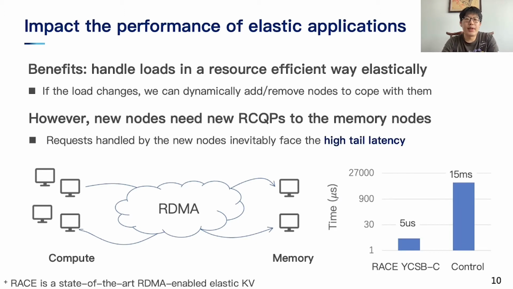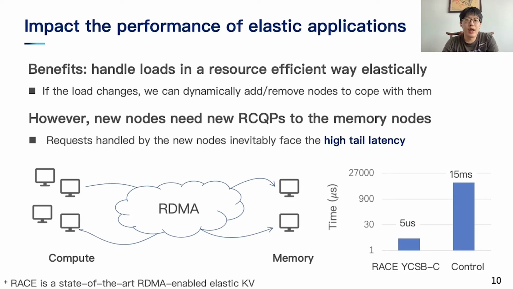RDMA-based disaggregated key-value stores provide elasticity by allowing dynamically adding and removing computing nodes. Under high loads, it can add more computing nodes to improve the performance. For low loads, it can reclaim the added nodes for better resource efficiency. For such a setup, we can see that new nodes need to dynamically create RDMA-enabled connections to the memory nodes.